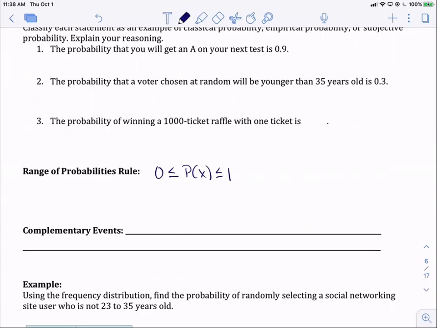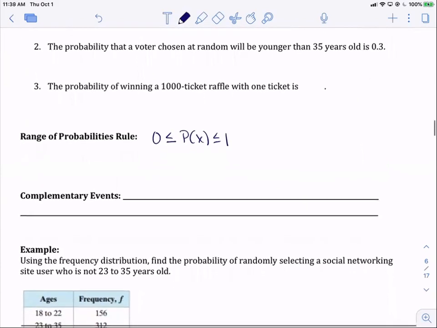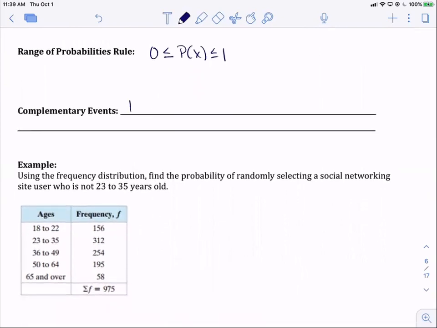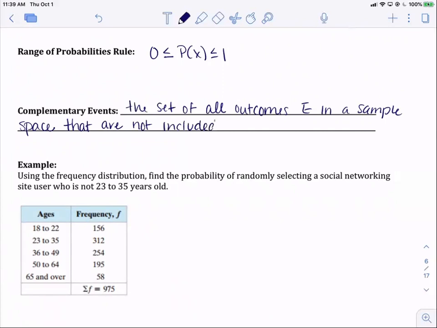And the last thing that you're going to need for your homework is the complement. So this is the set of all outcomes in a sample space that are not included in E. The notation for it is called E prime, which is simply the probability of E to the first power.